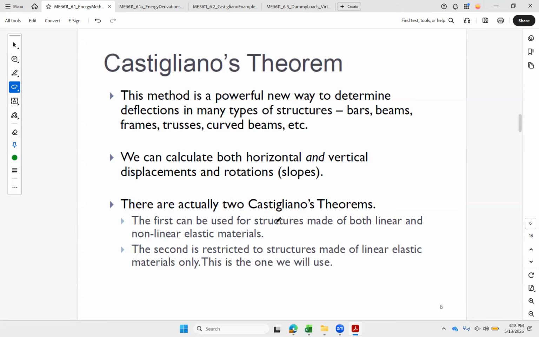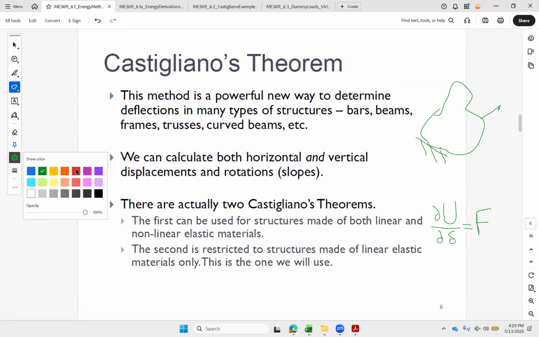Now, in the first Castigliano theorem, what I say is if I've added up all of that energy, and let's say that I formulate it in terms of displacements, I could say dU, partial derivative of U with respect to some displacement where a load is applied, will give me that force. So if I've got some blob here, it's got a support back here, and I've got some loads on it. Let's do red.